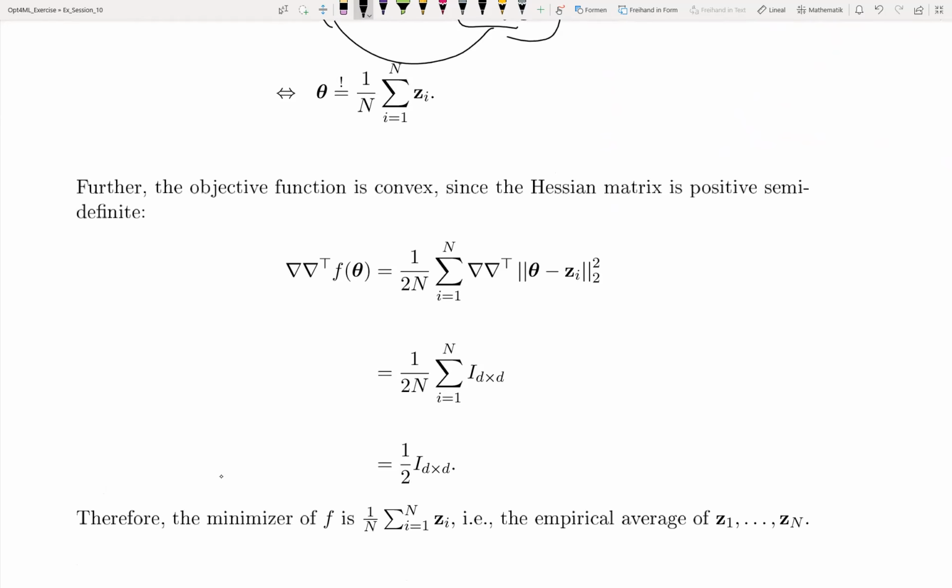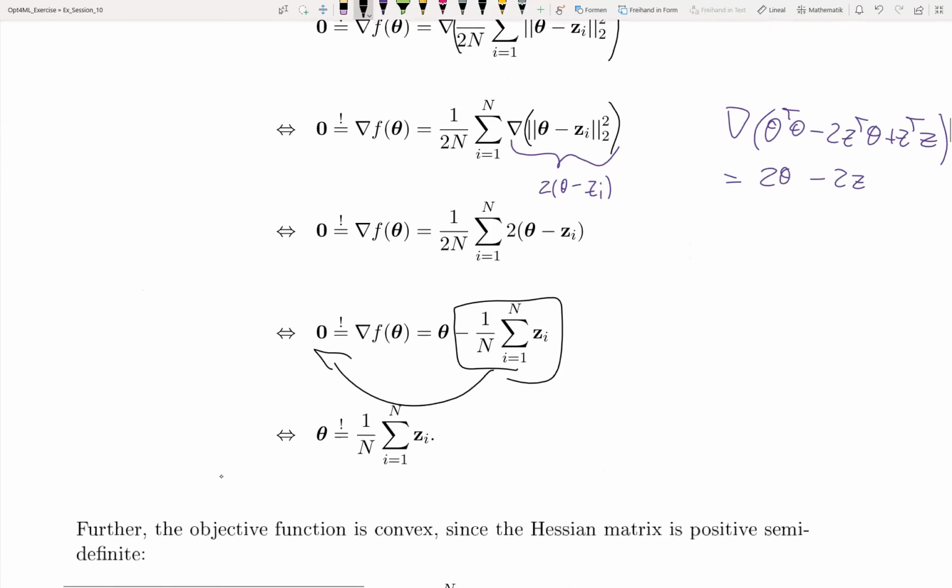So the Hessian matrix of the sum-structured objective function would be the sum of the Hessian matrices of all these individual functions. And the Hessian matrix here is simply the identity matrix. How can we see this?